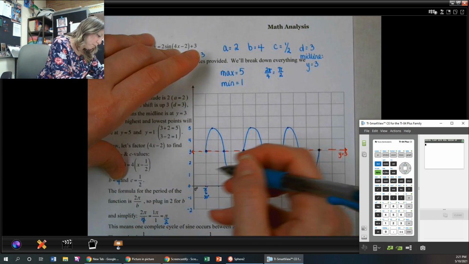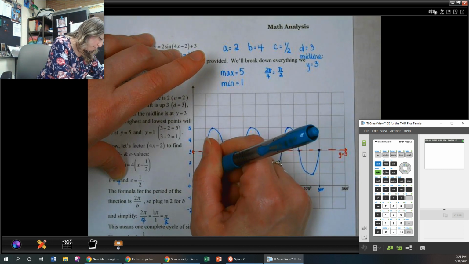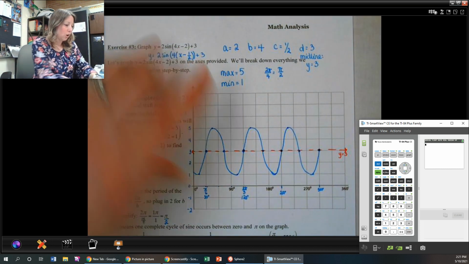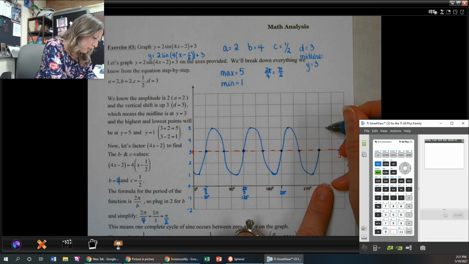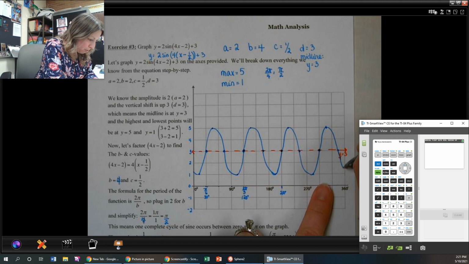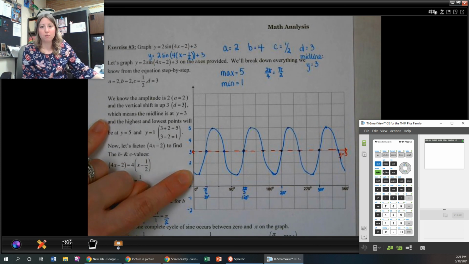So your bottom is in the middle of that, and then you got to keep going. So same this direction, you're going to get the bottom right here, okay? But the top is there, and then you have to go kind of back down this direction, but you're not going to get all the way to the min on this side. So it's like partly to the min, almost to the min, because it cycles back over this way.